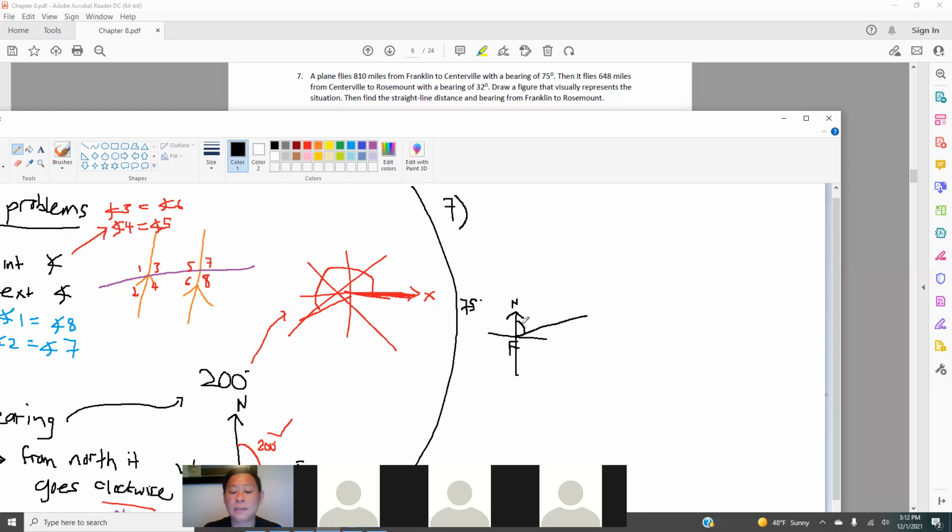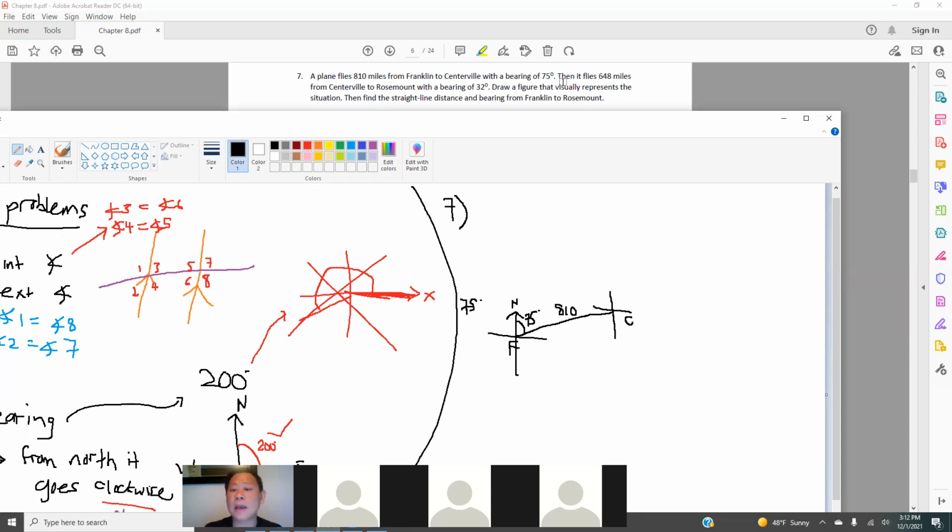So this is the bearing. This is the direction of the plane. The plane is flying this direction. It's 75 degrees, and you will reach Centerville. And these two are 810 miles apart. Okay. So this is the first sentence.